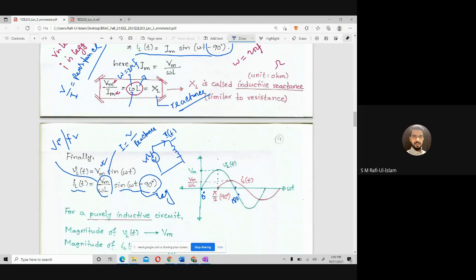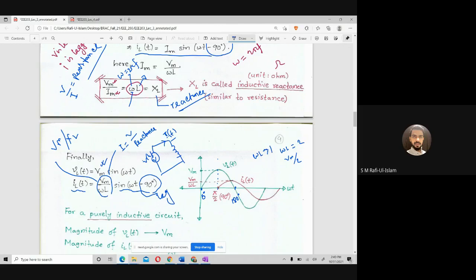Now, what would be the maximum value depending on omega and L? If omega L is greater than 1, then the maximum value would be less than Vm, because Vm is divided by something greater than 1. Let's say omega L equals 2. That means this value would be Vm divided by 2.